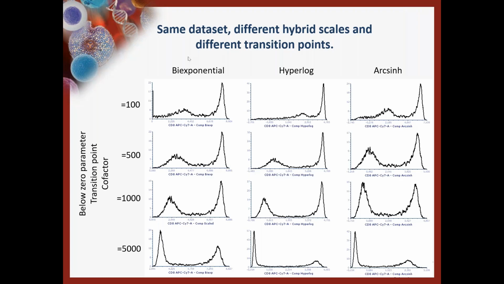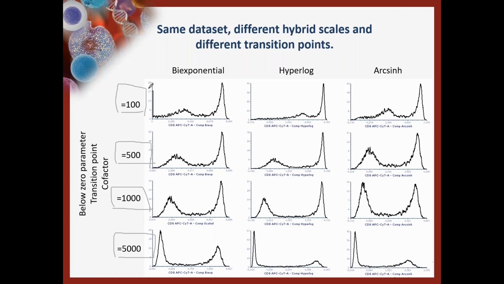This is the same data set, the same parameter, our old friend CD8 APC Cyclone 7, scaled with b exponential, hyperlog, and arcsine H, with different transition points, okay? 100, 500, 1000, 5000. So basically the linear scale in this case extends up to 100, in this case up to 500, up to 1000, up to 5000.